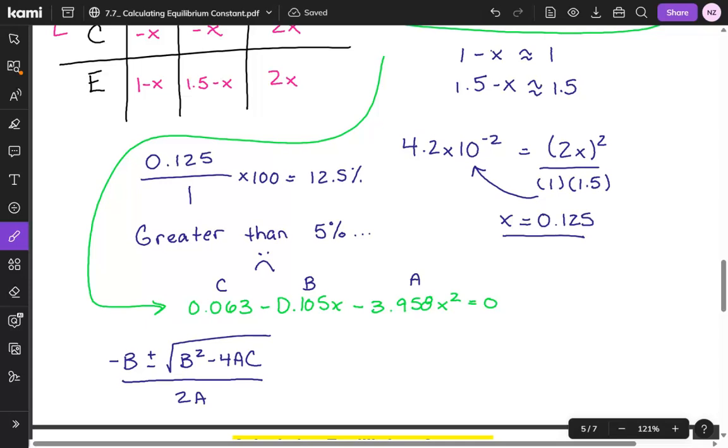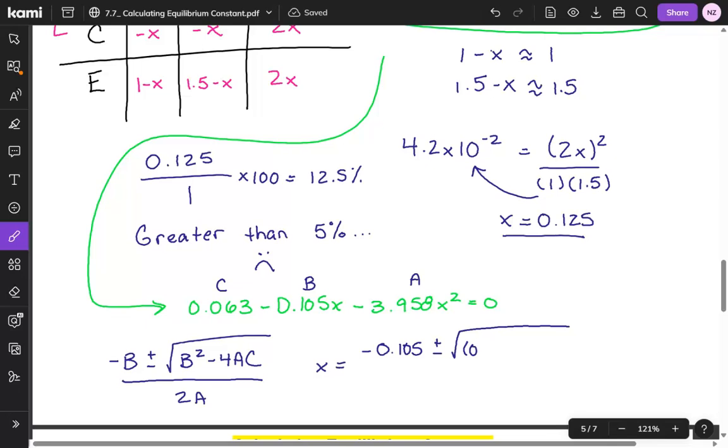So I plug everything in and I get x is equal to opposite b. So it would be, let's see, our coefficient would be 0.105 plus or minus the square root of b squared.